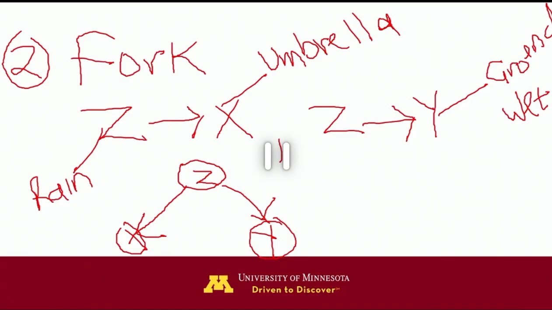So if I know it's rain, then people carrying umbrellas does not give me extra information about the reason why the ground is wet. Does that make sense?